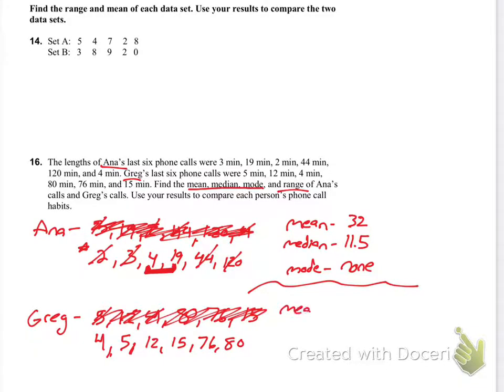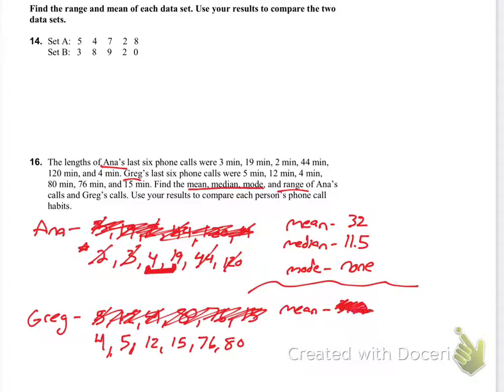So his mean is going to be 39.2. I'm going to check that again just because I got a decimal. It'll be 32 actually, sorry about that.